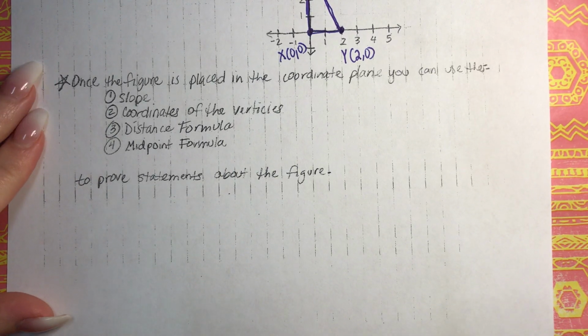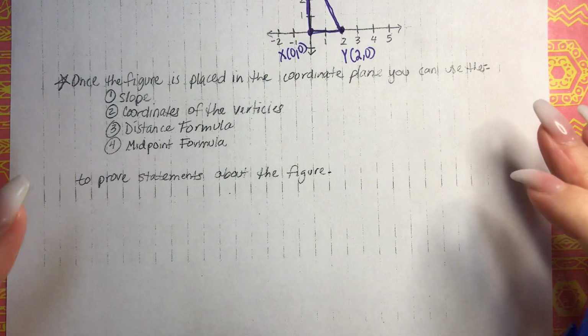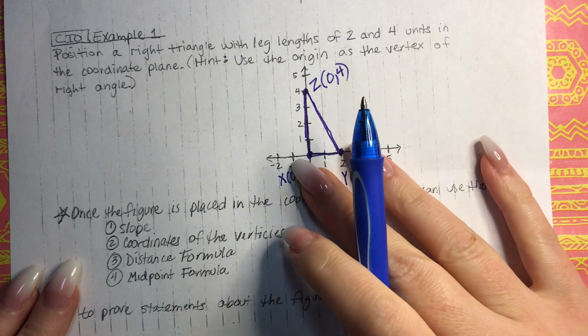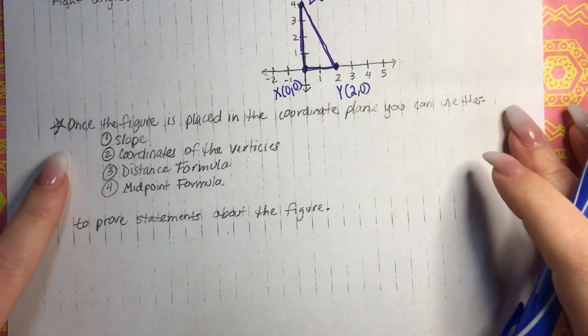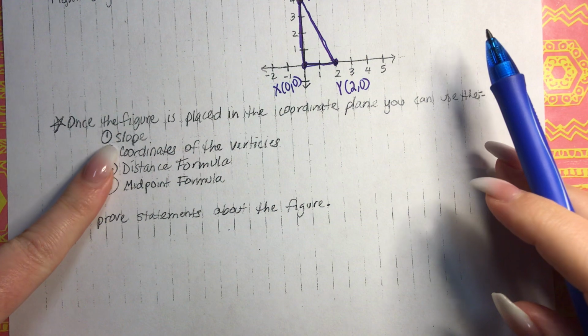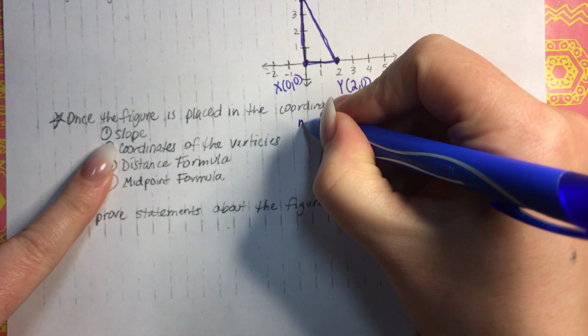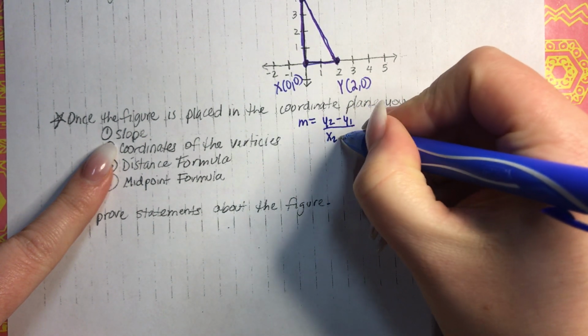All right, let's get started with example 2. So we're talking about coordinate proofs. We just took figures and placed them in the coordinate plane. Now, once a figure is in the coordinate plane, you can use the slope formula, right? Remember, m equals y2 minus y1 all over x2 minus x1.